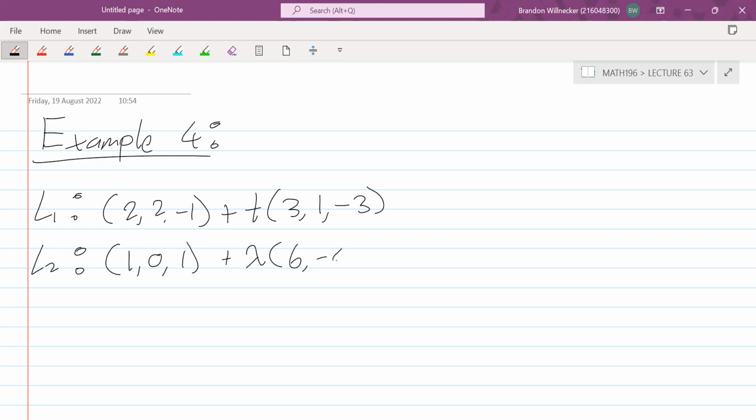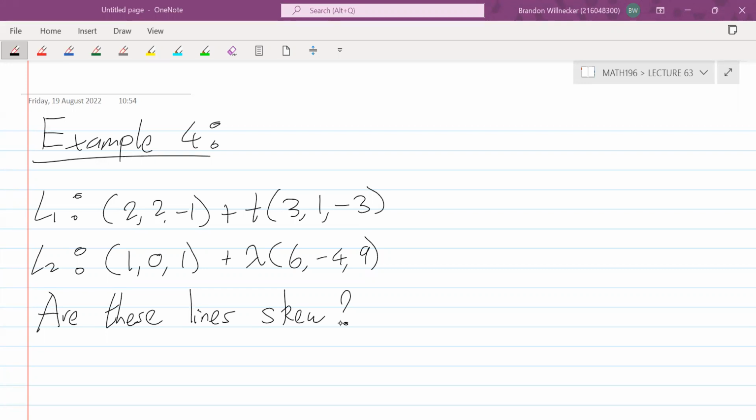The question is, are these lines skew? Skew means not parallel and not intersecting, so we need to check those conditions.